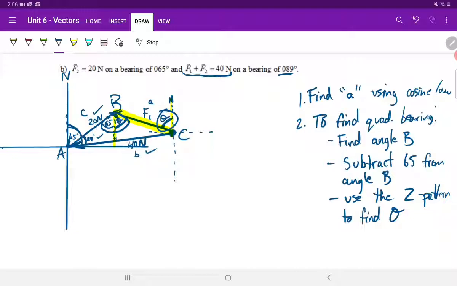Okay, so that's the game plan, and I want you to try and solve that. So start off by just doing the cosine law to find side A, which is our force, our F1, and you can go from there.